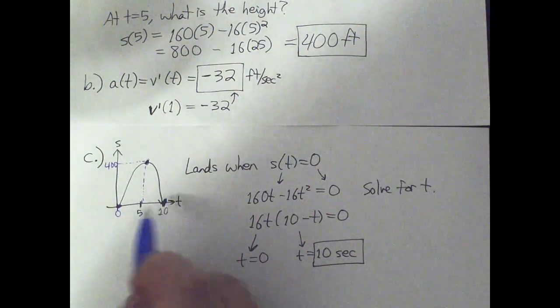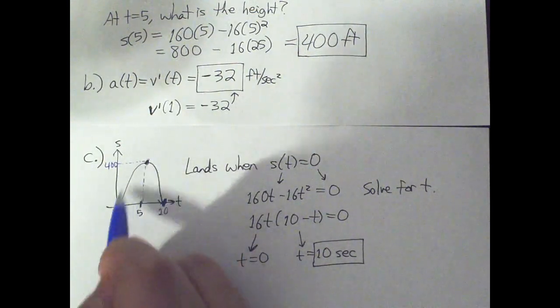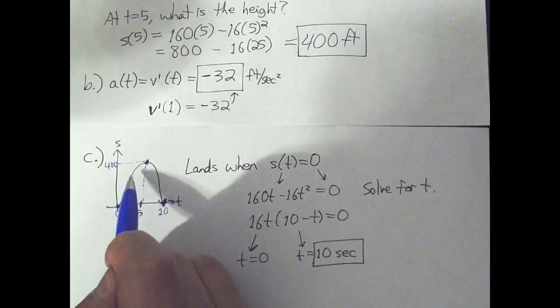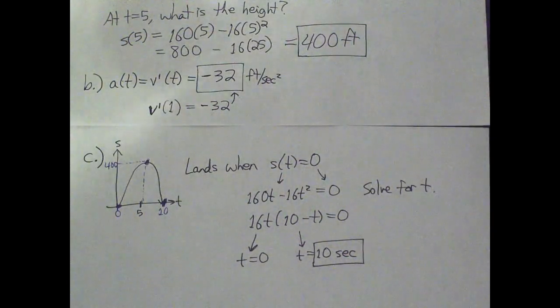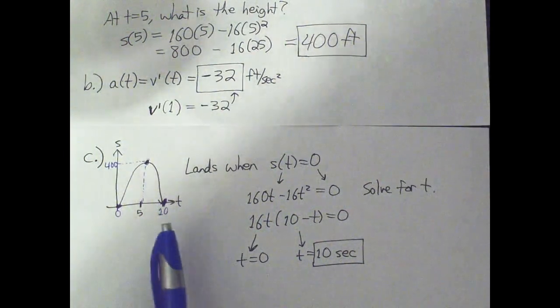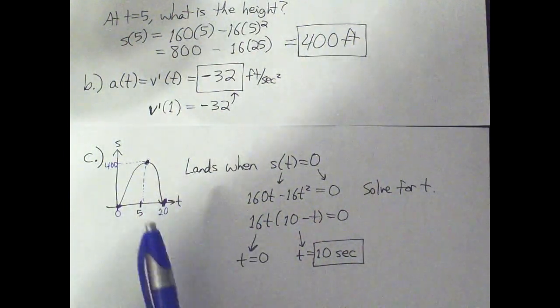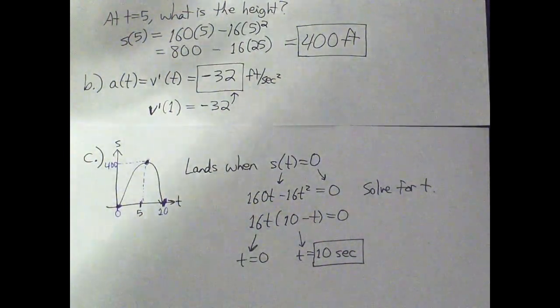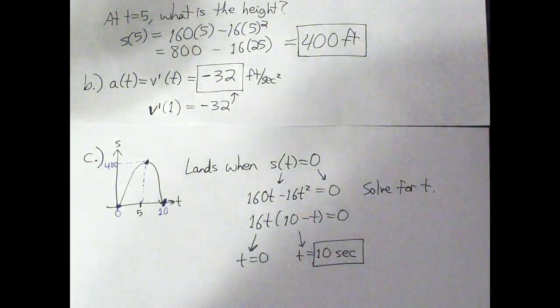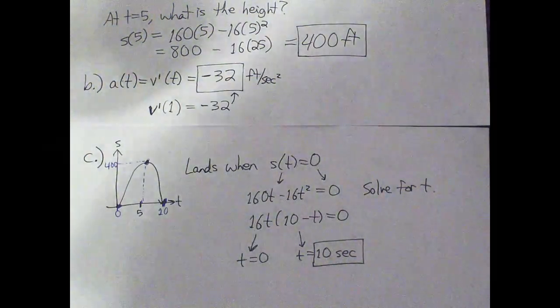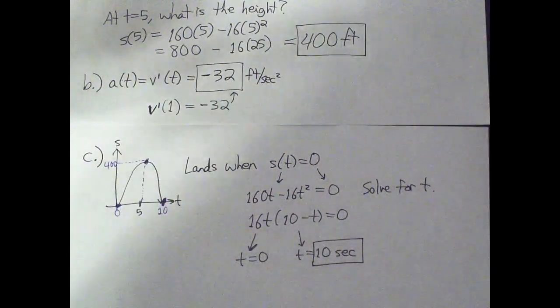Why is it 5 seconds more? It's because this parabola is supposed to be symmetrical. If it took 5 seconds to go up, it's going to take 5 seconds to go down. So you could take that as a shortcut if you really wanted to. But I would caution you that that only works because this is a parabola, and in some other problems, it might not be a parabola. You might not have that kind of symmetry.